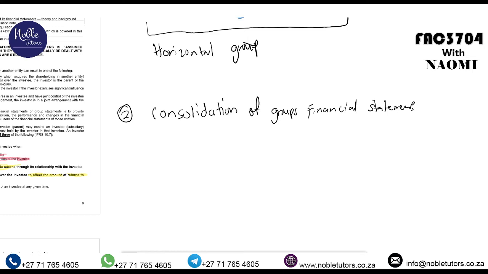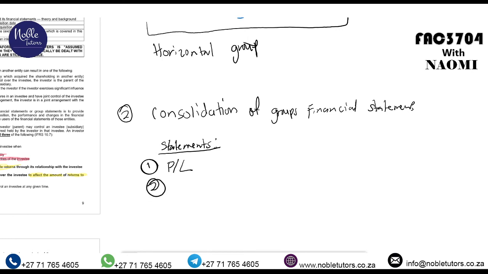All right, so before we talk about consolidation, I want to remind us of the statements that we normally have in financial reporting. The statements that we normally report in are as follows. Number one, statement of profit and loss and other comprehensive income. I'm just going to use shortcuts.